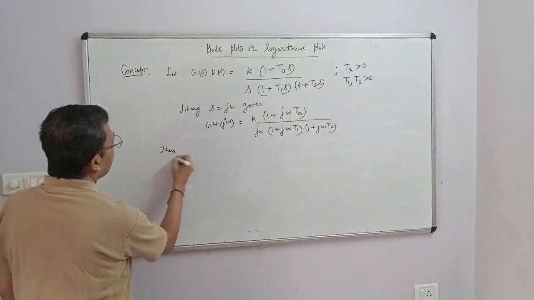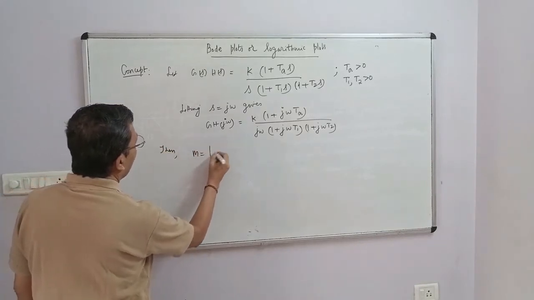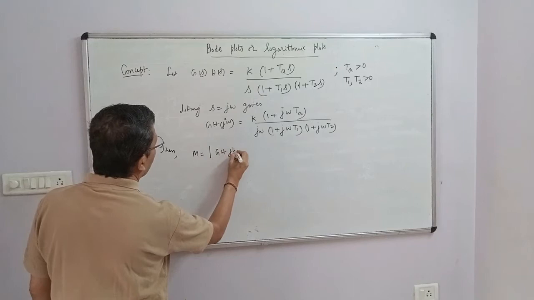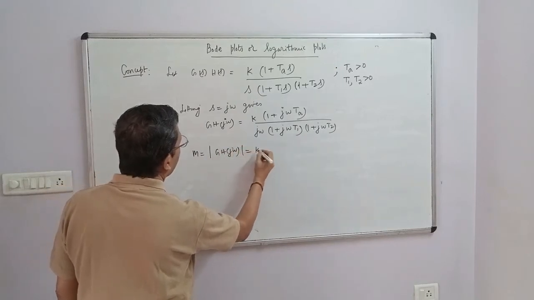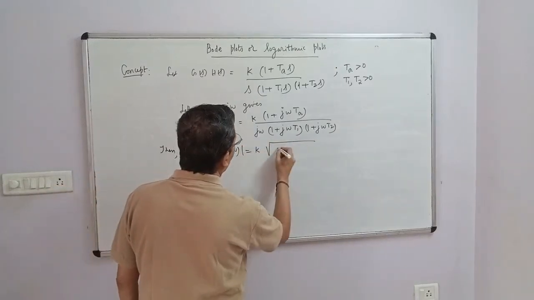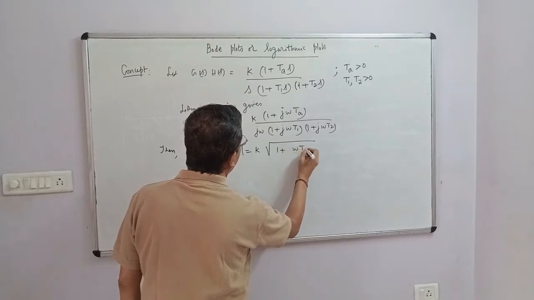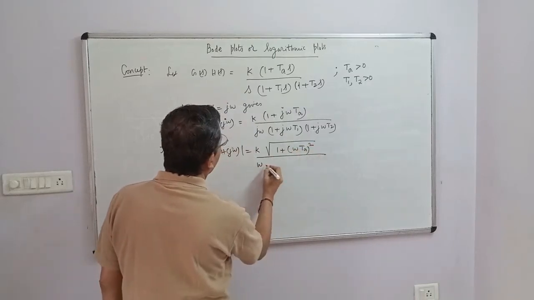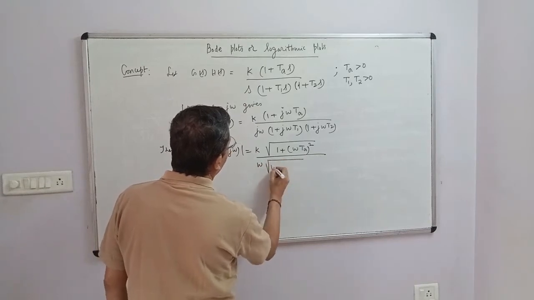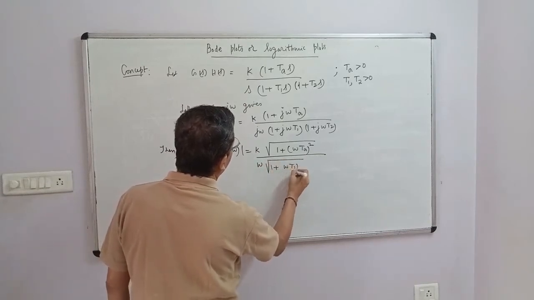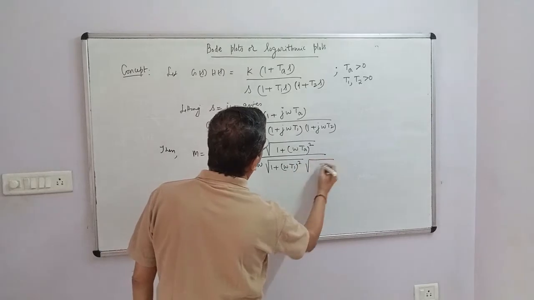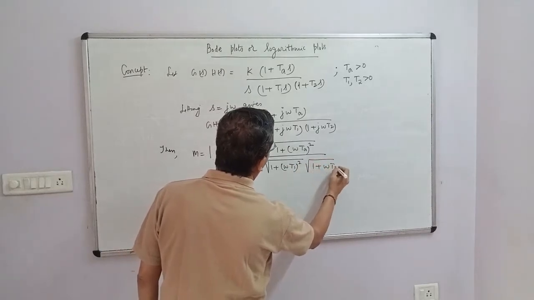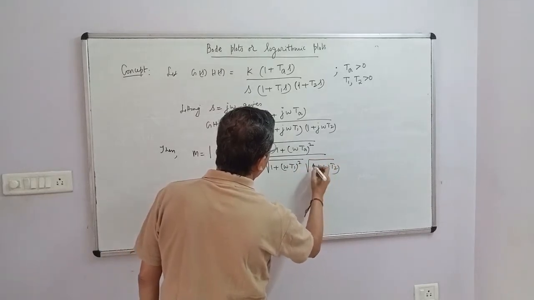Then what is M? M is equal to the magnitude of GH of j omega, equal to K into the square root of (1 plus omega Ta) whole square, divided by omega into the square root of (1 plus omega T1) square into the square root of (1 plus omega T2) square.